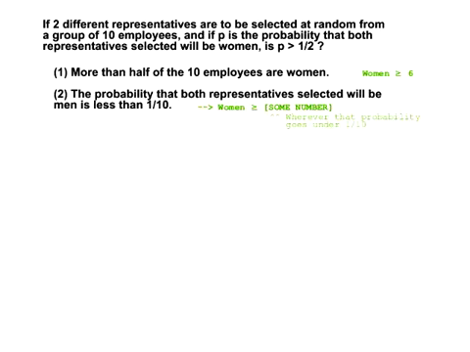So let's take a look. So yeah, probability. They define this letter P, but there's not really a need for this letter to exist, right? You just want to know, the question is: is the probability of 2 women greater than 1/2?